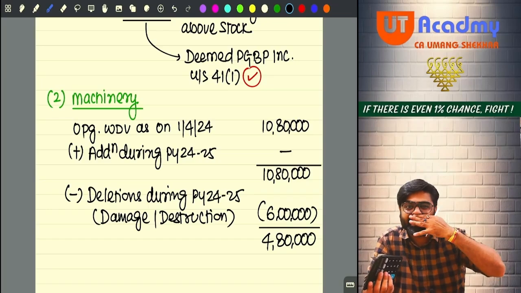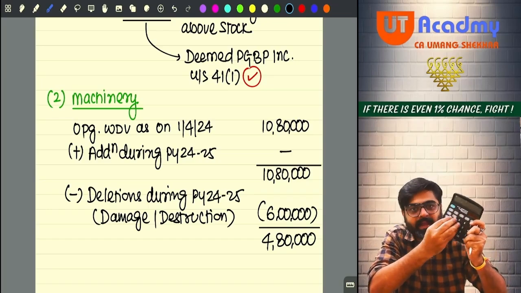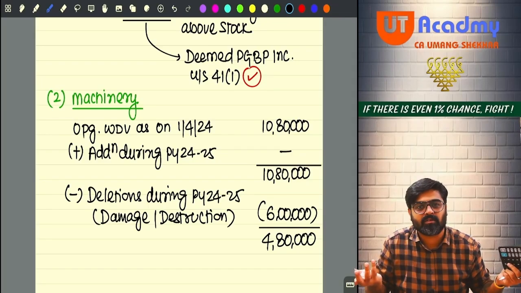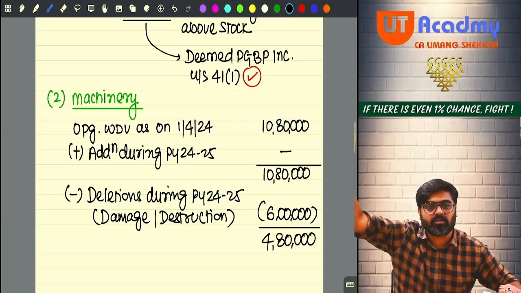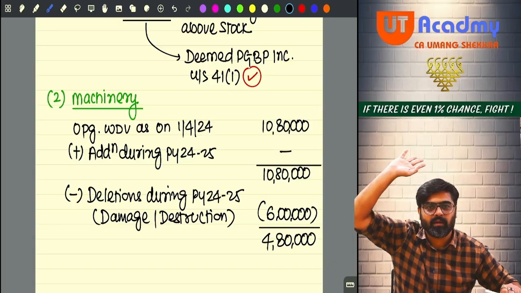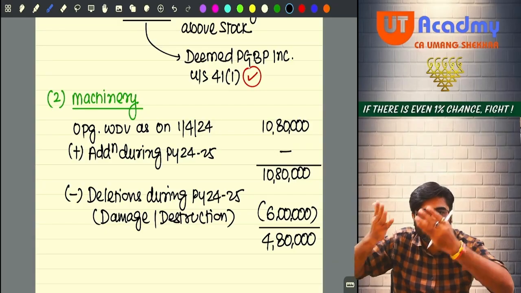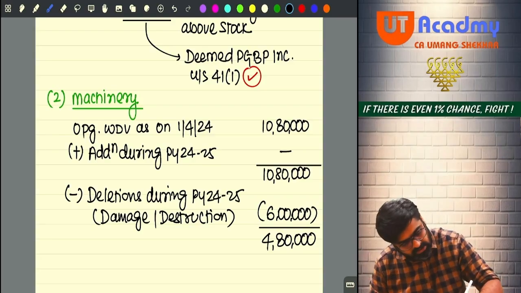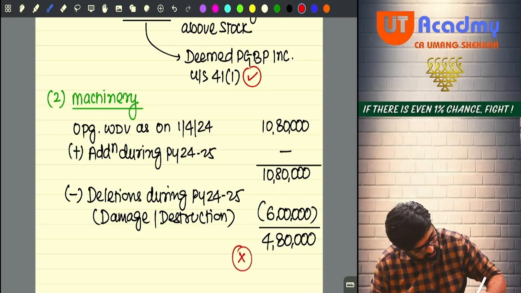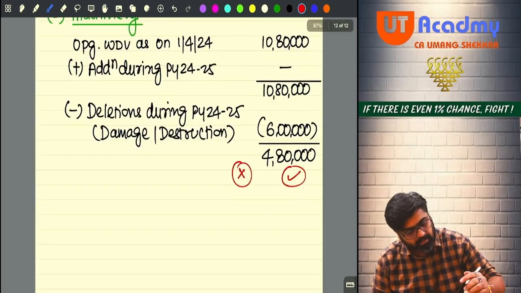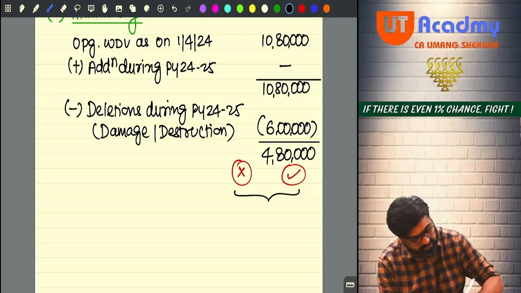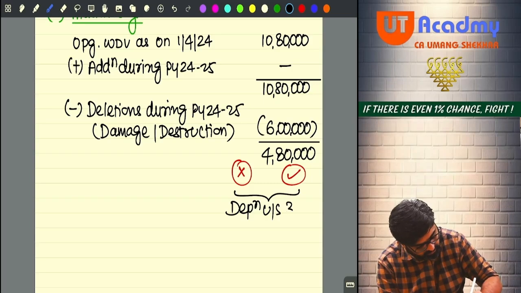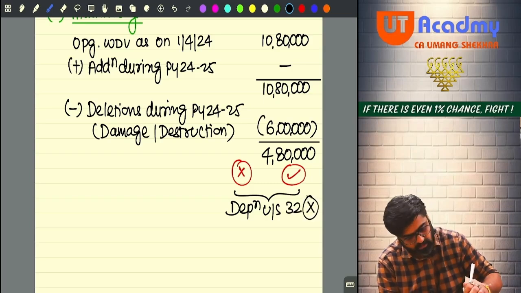Definitely, if nothing is said, that means whatever portion was remaining was not usable in the business. So the insurance company took away the salvage part, or it got scrapped. I threw it away. I don't have any machine in the block left now. So no machine left in the block, but the value remaining in the block means that depreciation under section 32 cannot be calculated now.